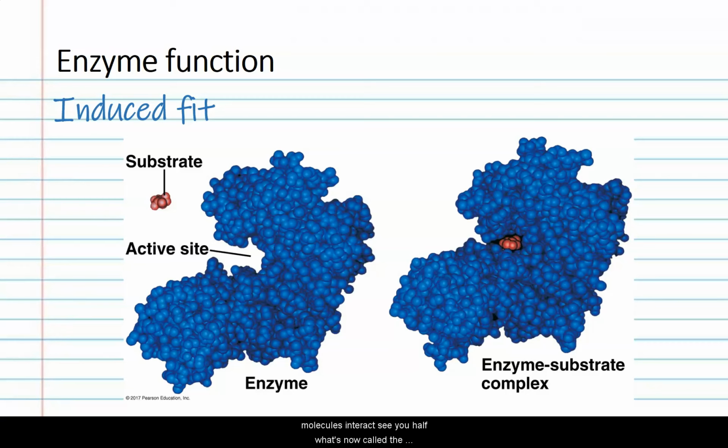So you have what's now called the enzyme substrate complex. The enzyme has bound to the substrate and closed in around it. That interaction can then distort the reactants, distort that substrate, and push the reaction towards the formation of the products by lowering the activation energy, stabilizing the transition state. So this is called the induced fit model of enzyme function.